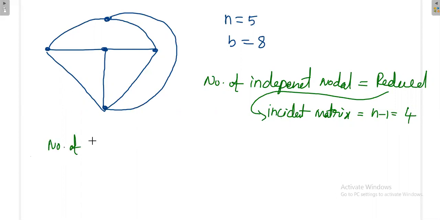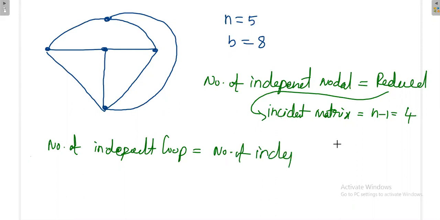The number of independent mesh equations is the same as the number of independent loops. How many independent loops will be there? What is the formula for the number of independent loops if the graph is given?